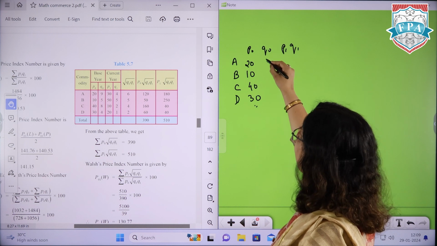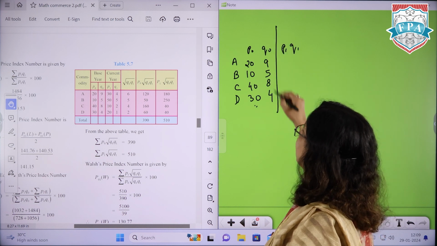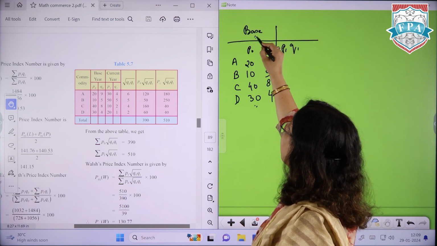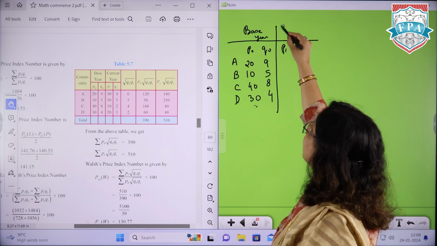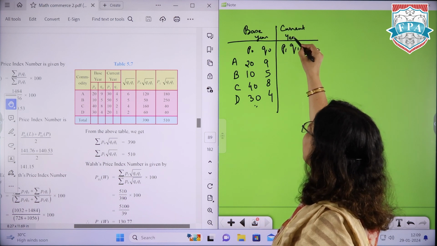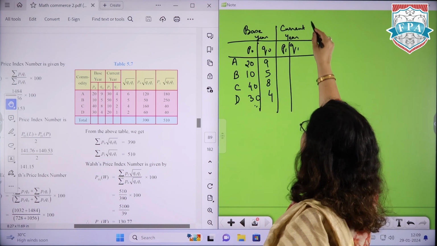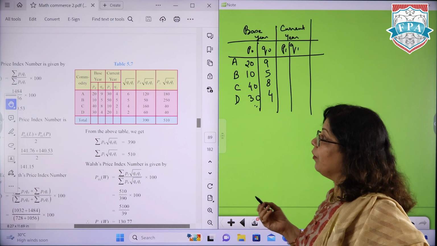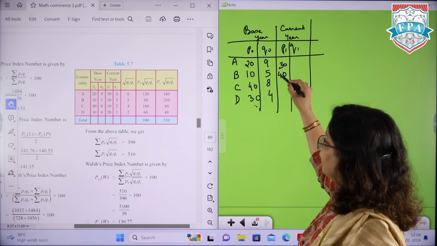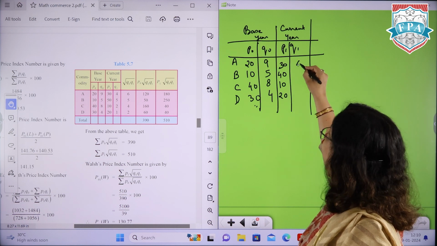We have 9, 5, 8, 4 as the quantity for base year. These are the base year values, and these are the current year values. So when we come to P1 Q1, again it's like 30, 40, 10 and 20, and the quantities are say 4, 5, 2, 1.